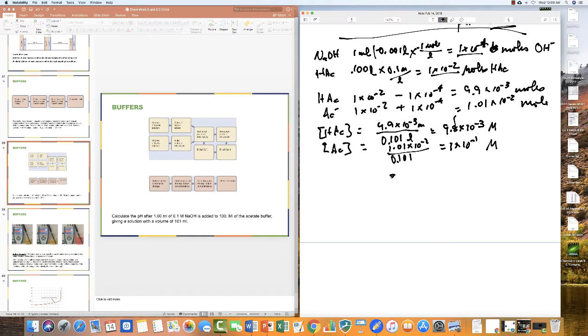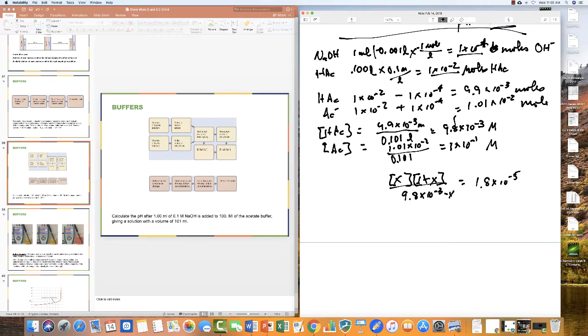Our original Ka equation had X for the hydronium ion concentration, and it's going to be 0.1 minus X divided by 9.8 times 10 to the minus 3 minus X, equals 1.8 times 10 to the minus 5.